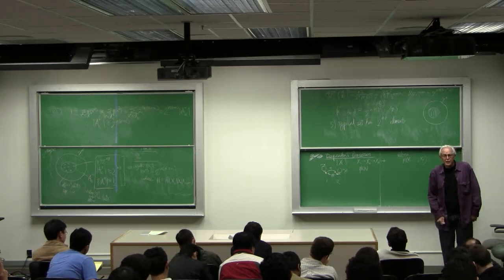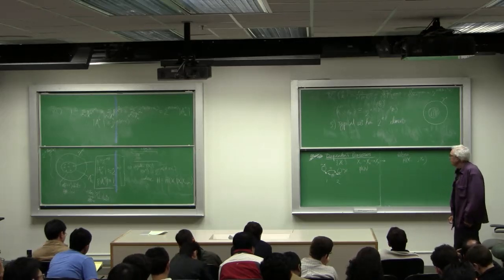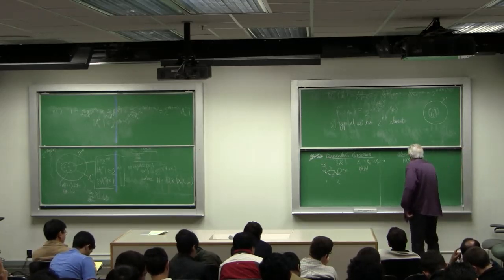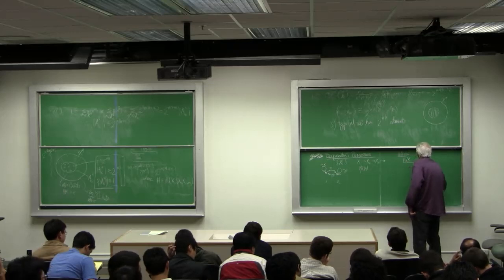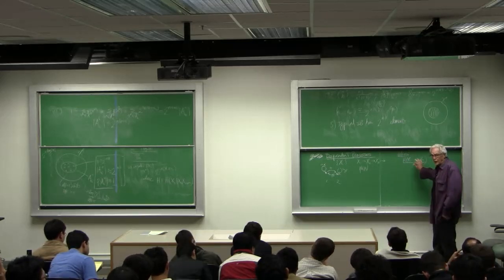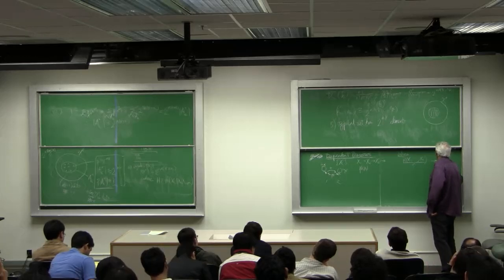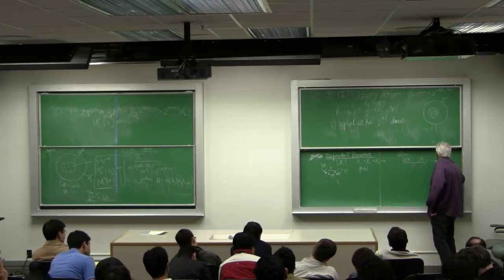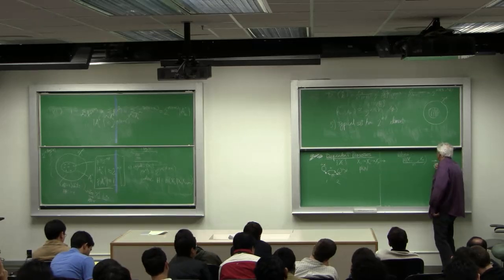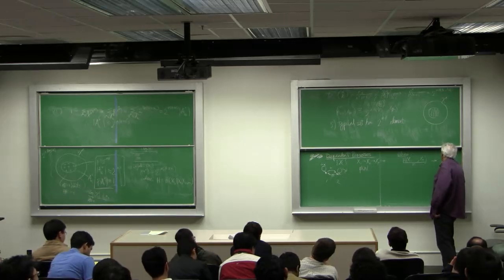How fast does that grow? Well, if it grows linearly, then this divided by n should go to some limit.